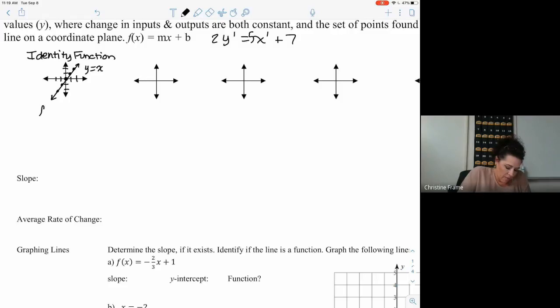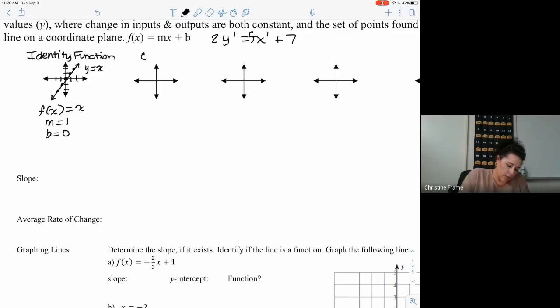Okay, so this is what we call our identity function. It has a slope of 1. So f of x equals x is one way to look at it. Y equals x is another way to look at it. It has a slope of 1 and a y-intercept of 0. And this is your identity function. Okay.